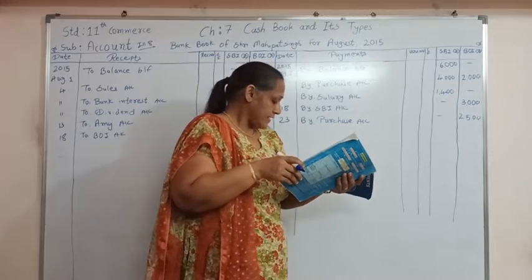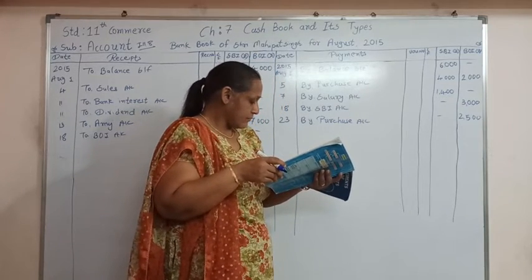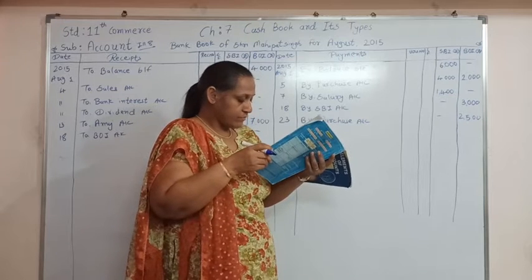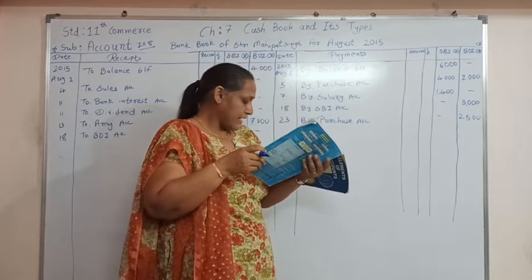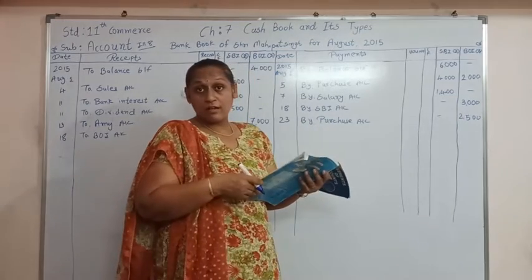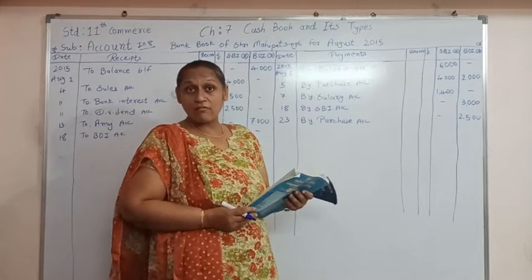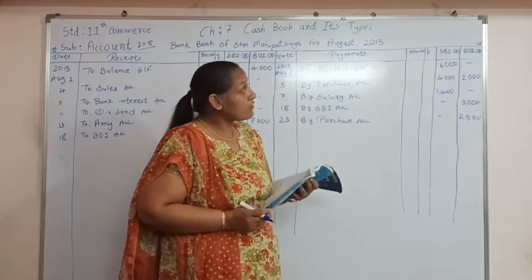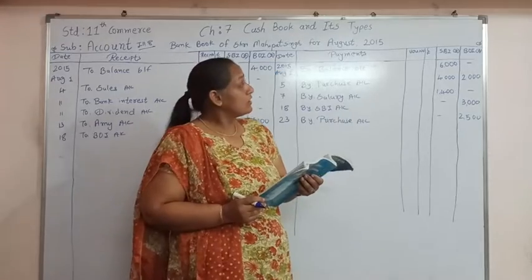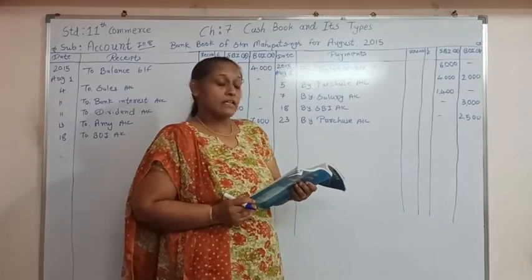On date number 26, machinery of rupees 6000 purchased, for which check of 50% amount from SBI and remaining check is issued from BOI. So machinery purchase of rupees 6000. So for 3000 rupees check of SBI and for 3000 rupees check from BOI issued.